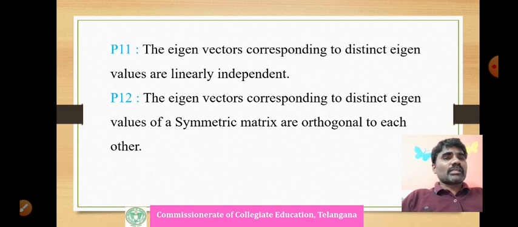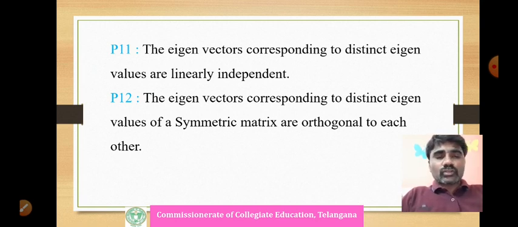So the eigenvectors of a symmetric matrix are linearly independent as well as orthogonal to each other. These are the two differences. For any matrix, the eigenvectors corresponding to distinct eigenvalues are linearly independent. In the case of a symmetric matrix, they are also orthogonal, that is, perpendicular to each other.